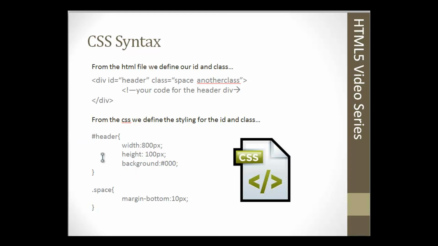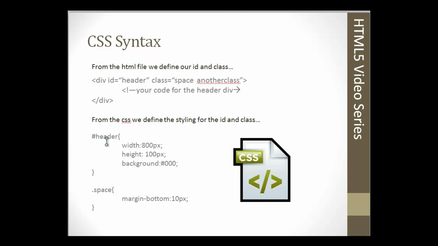Now the most important thing to know about IDs and classes is that an ID uses a hash, and a class uses a period. That's pretty much the only thing that is different. The styling is the exact same. You just always want to remember an ID is a hash, and a class is a period.